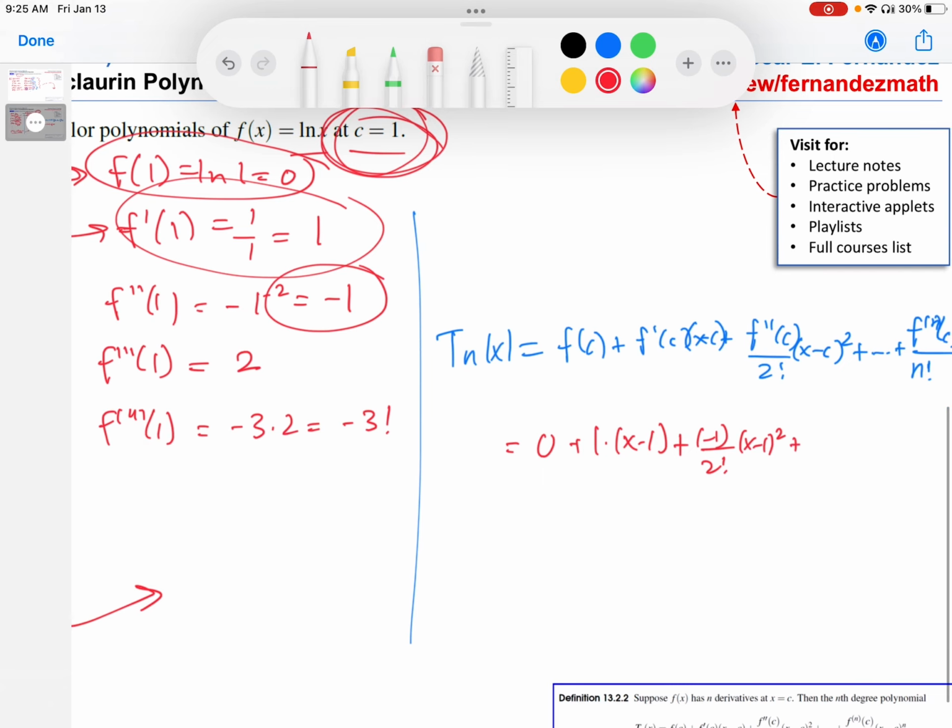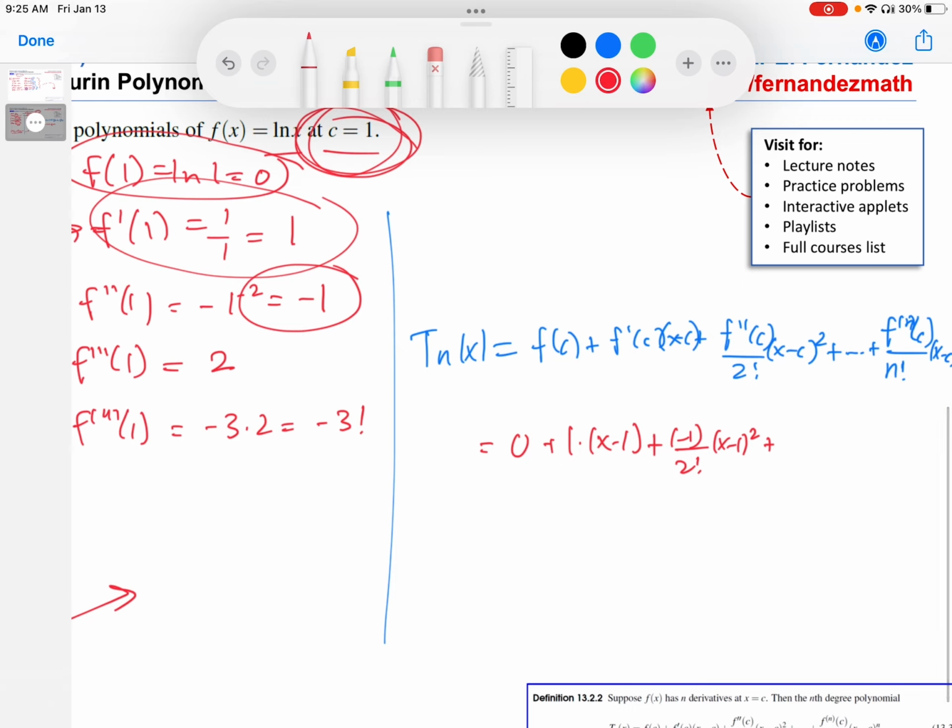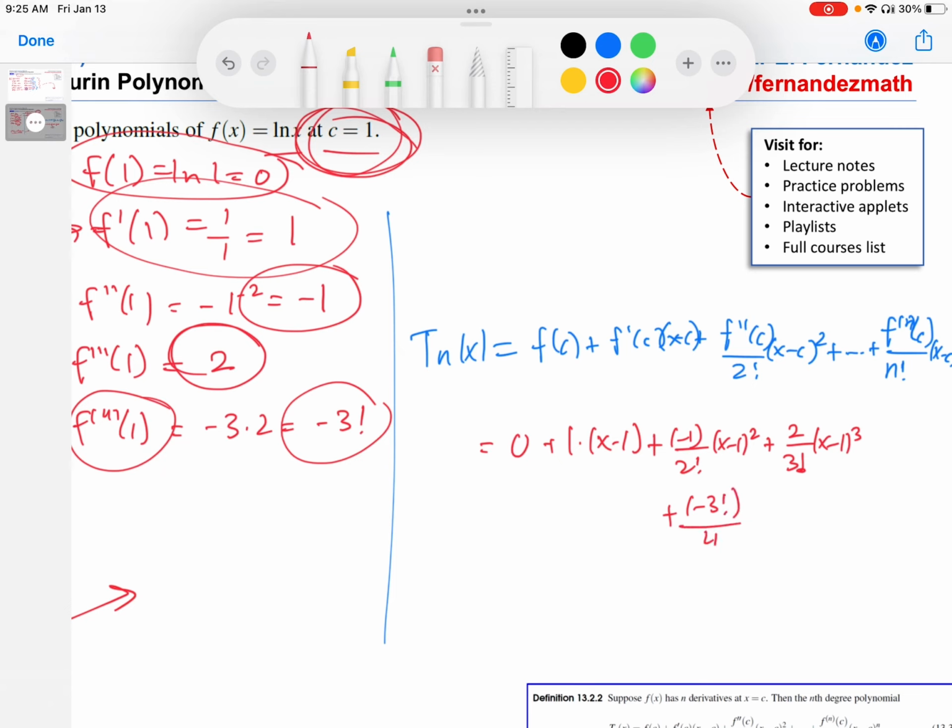And then I'm gonna write out a few more terms because you'll see that something's gonna happen, some cancellations. F triple prime of 1 is 2. So that's 2 over 3 factorial, that's the next term, x minus 1 to the third. And then keep going here. Fourth derivative at 1 is -3 factorial over 4 factorial, x minus 1 to the fourth.